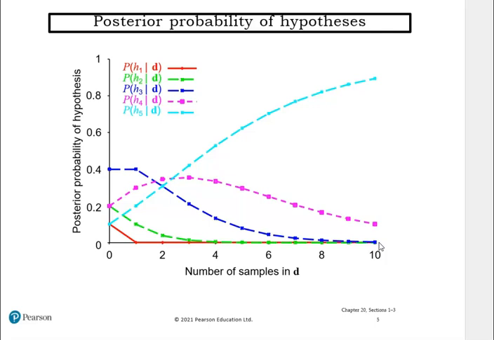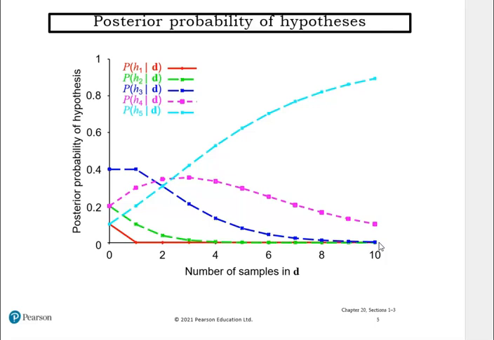Now, the downside for Bayesian learning is that in real life problems, we have a lot more than 5 hypotheses to test. So imagine, for example, you're building a regression model. In that case, you have an infinite number of hypotheses because you have an infinite number of equations you can fit to the data.